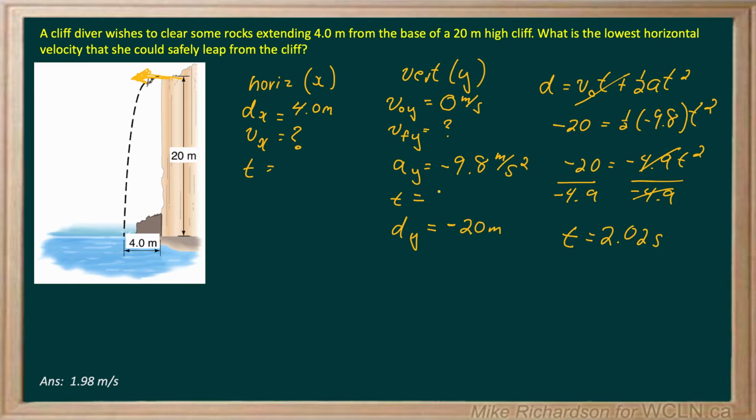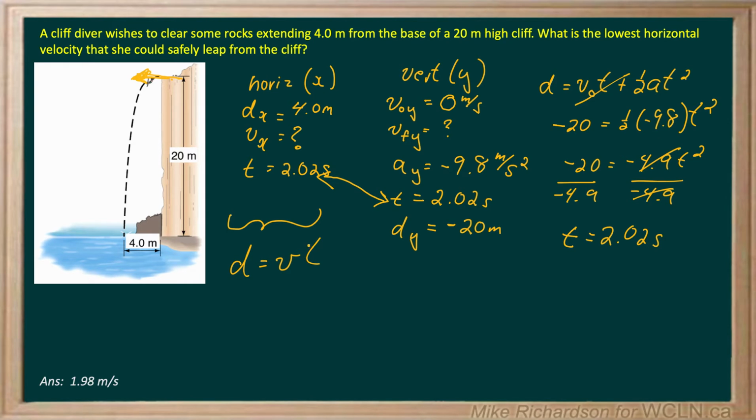So now we know what t is. And I can take that time and transfer it across to my horizontal side. So if it takes 2.02 seconds to hit the ground, then I'm traveling horizontally for 2.02 seconds as well. Now staying within the horizontal side, a little easier, I only have one equation.